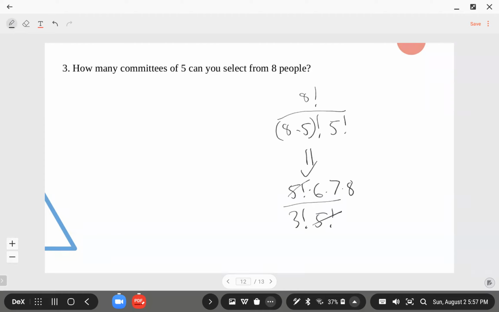And then we can cancel another pair out, because 3 factorial, we can cancel that out with 6. Why? Because 3 factorial equals 6. And then we get left with 7 times 8 divided by 1, which simplifies to 56. Okay? And that is the correct answer. 56 committees of 5.